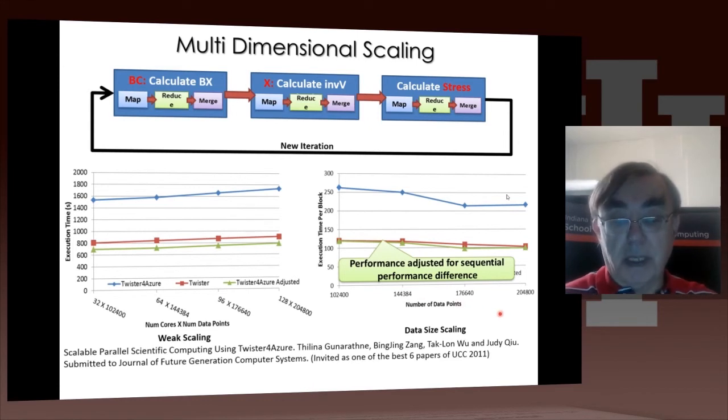And here we have a plot with different size problems running on different numbers of cores. And here we have a plot which just compares the performance on a fixed number of cores as the number of data points increases. Again, we adjust for the sequential performance difference.